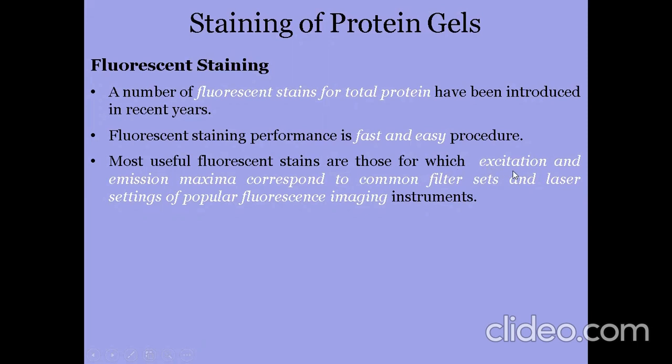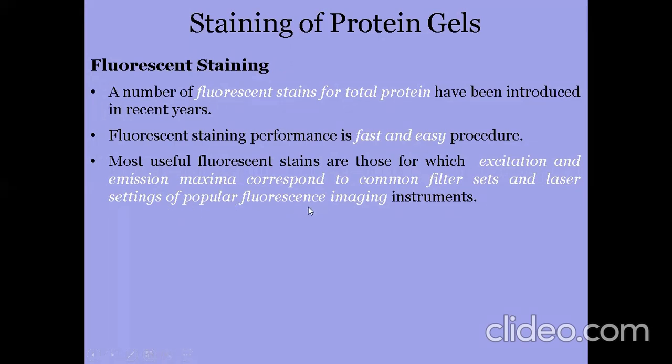Initially we add the fluorescent tags to the protein, and they bind with the proteins, and then we need to excite those fluorescein, and after that we need these filters. This filter will be used for excitation and emission, and after that we can detect them.